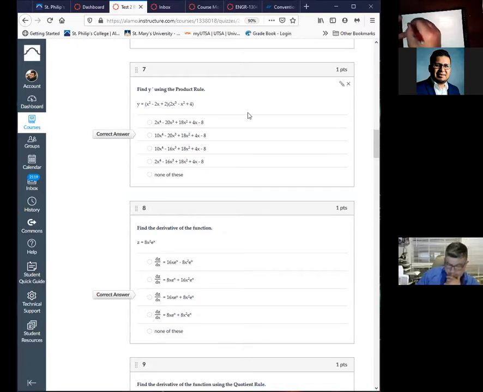So find y prime using the product rule. 2x cubed minus x squared plus 4, times x squared minus 2x plus 2.